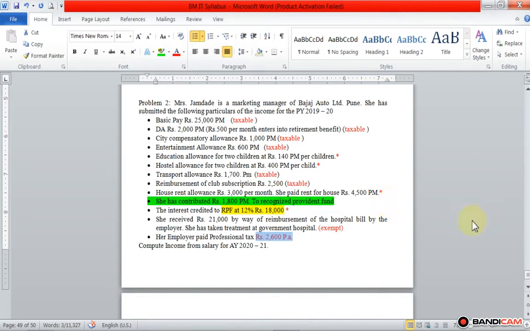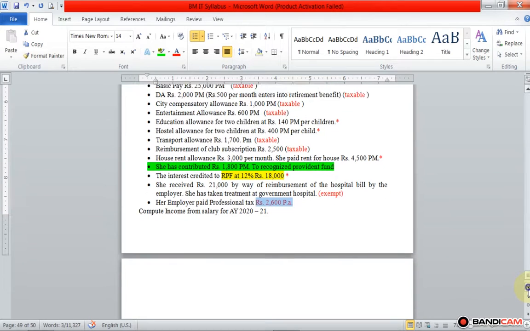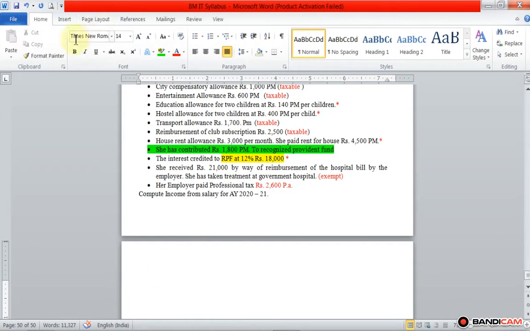Now we prepare a solution to compute income from salary. So here the solution is the computation of income from salary. The name of the SAC is given, Mrs. Jamdade, city Pune.